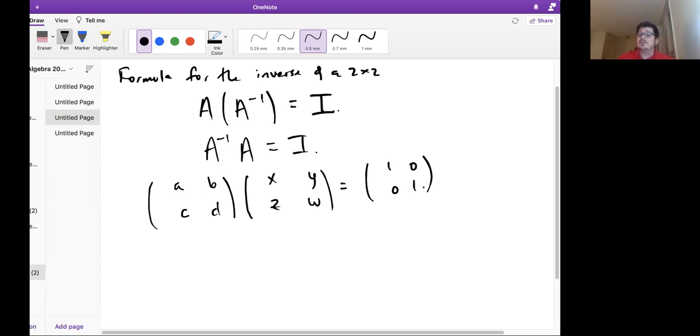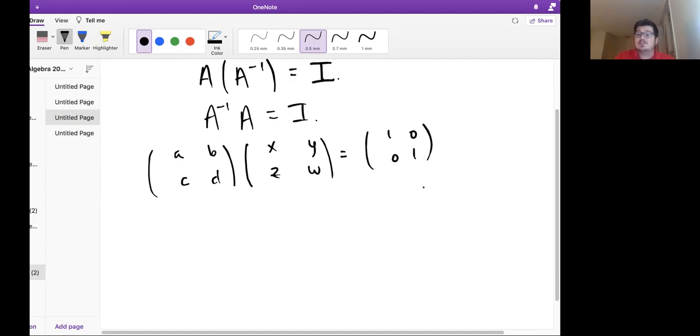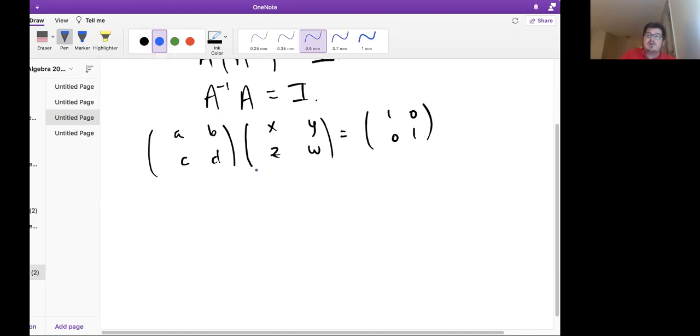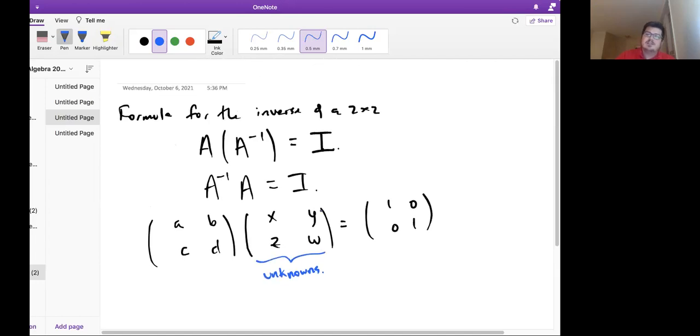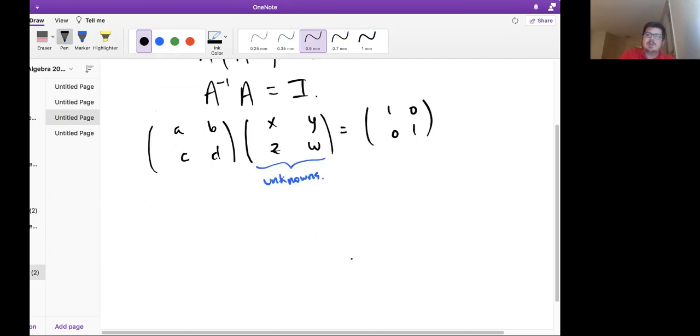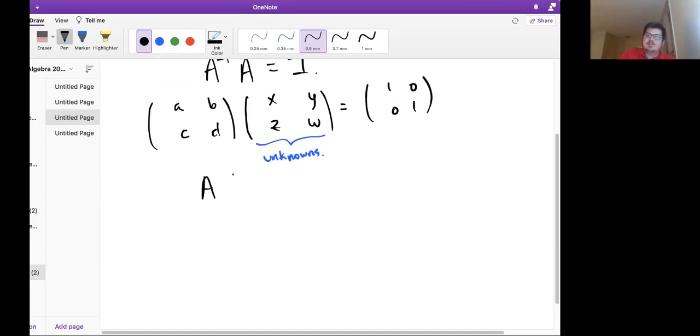So let's actually just solve for the x, y, z, w. These are now unknowns. So now we're doing algebra, and we're actually solving for a matrix. You can think of this as A times big X is equal to I. Now we're solving for the matrix X.